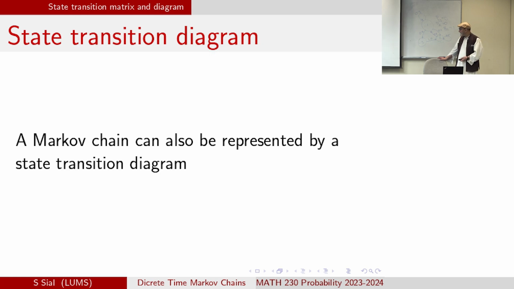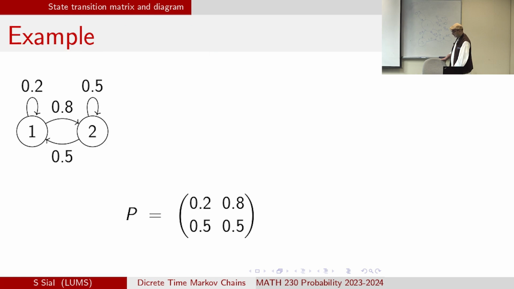And you can also have a state transition diagram. That's basically this thing that we've drawn over here. This state transition diagram and this matrix P both have the same information in them.